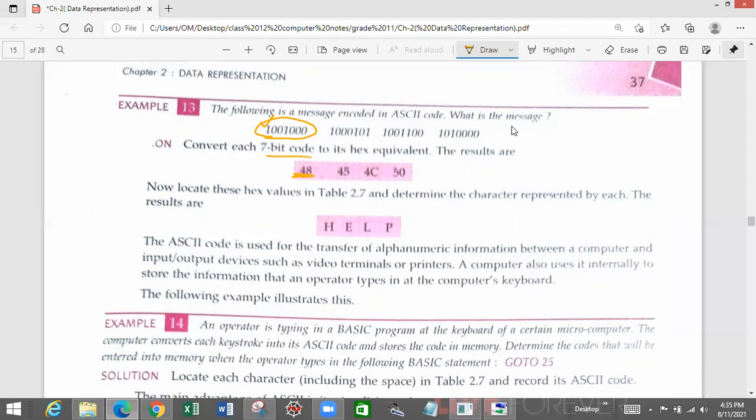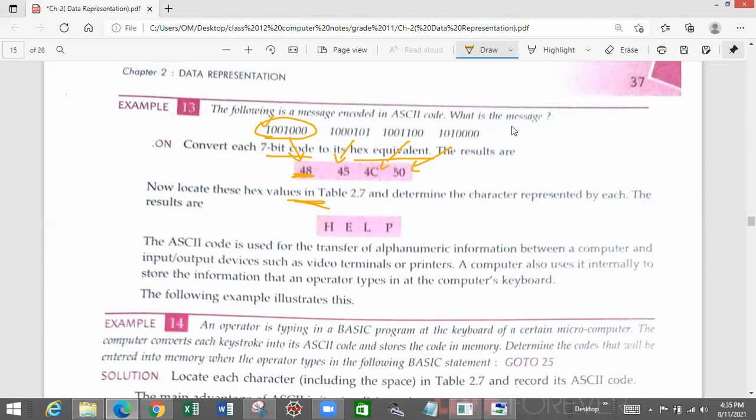Convert this 7-bit code into its hexadecimal equivalent. First, we convert it into hexadecimal by taking 4 bits at a time from the right-hand side. So it will be 48, this is 45, 4C, and 50. Now locate these hexadecimal values in the table and then write the code.